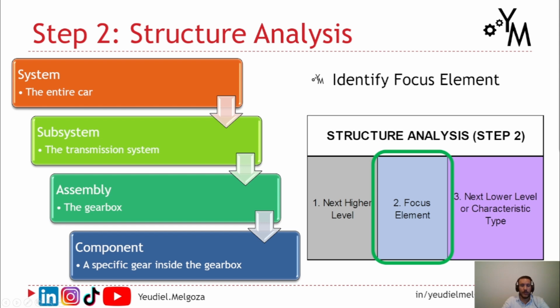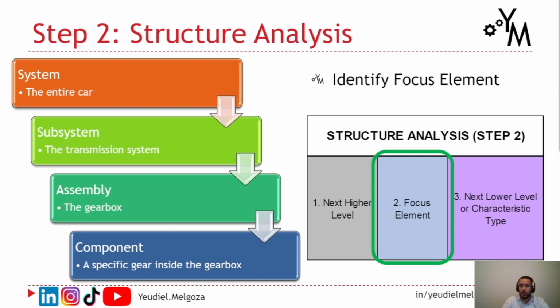Finally, the next lower level or characteristic type is the immediate components or features that make up the focus element. So this is how this works, and we need to move on to review this breakdown for the structure analysis.